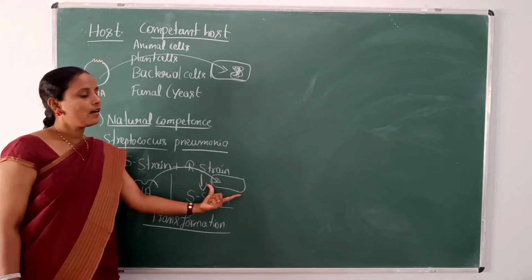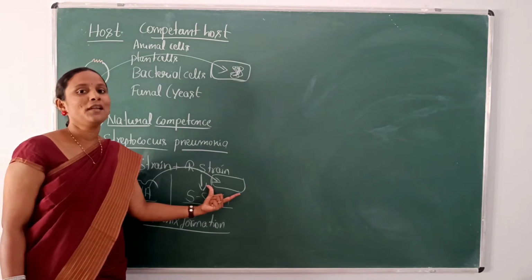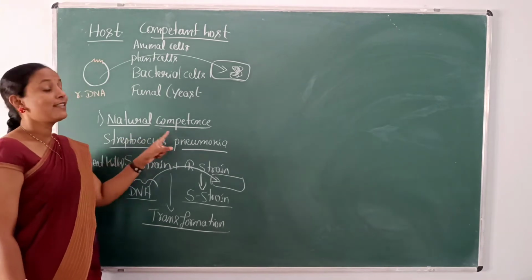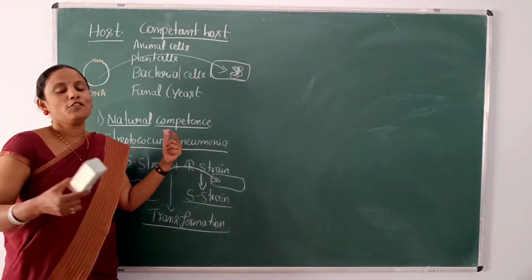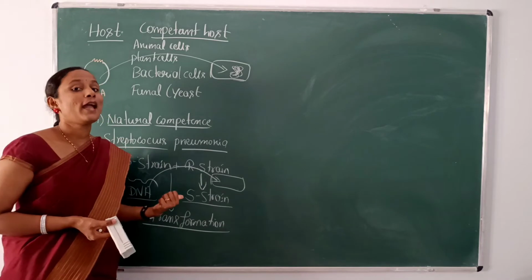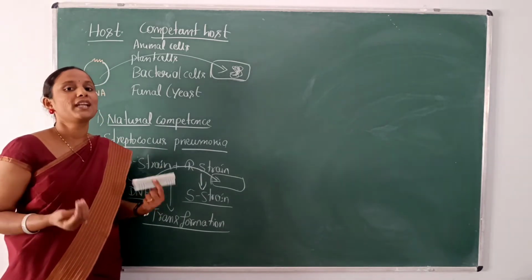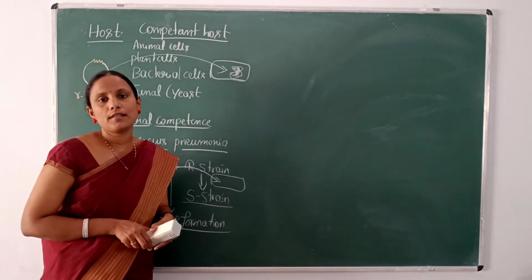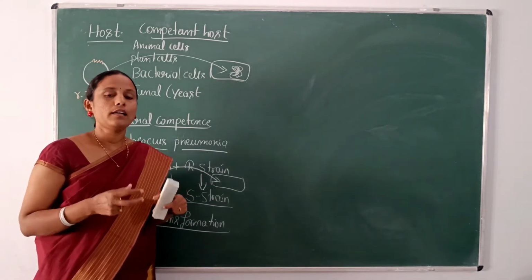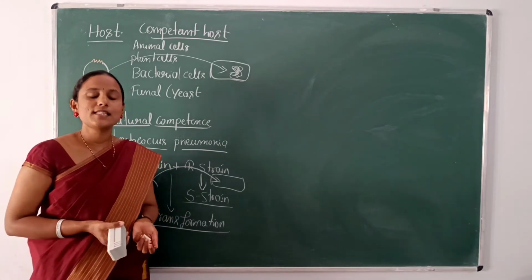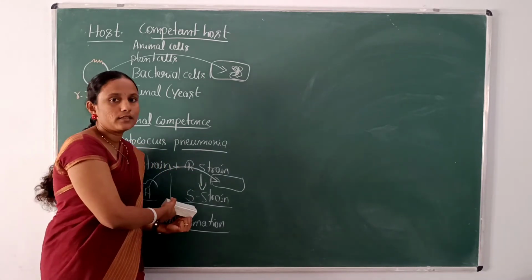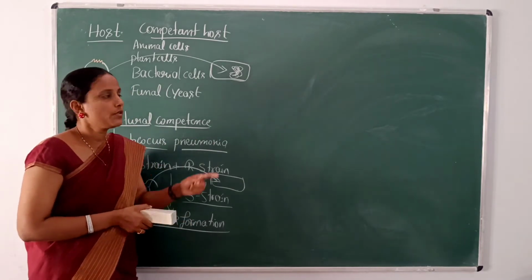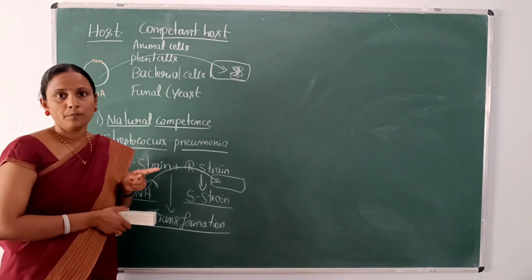This means our cells are naturally competent enough to uptake this DNA. So it is the natural competence. Many of the bacterial cells have this natural competence. Naturally they can uptake the DNA. But this is found to be somewhat inaccurate or a time consuming process. Biotechnologists may not depend on this natural competence for every kind of host, because there is a range of hosts available.